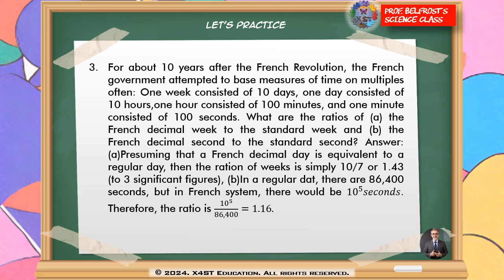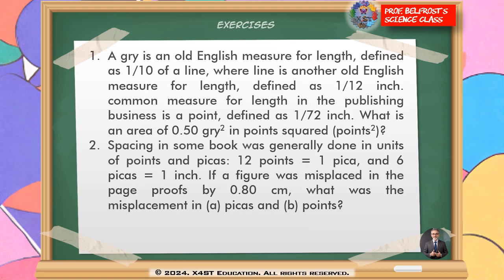Okay, so those are my examples. Then I have an exercise for you. I want you to take a screenshot and spend as much time as you need to solve this problem. I have read it for you.